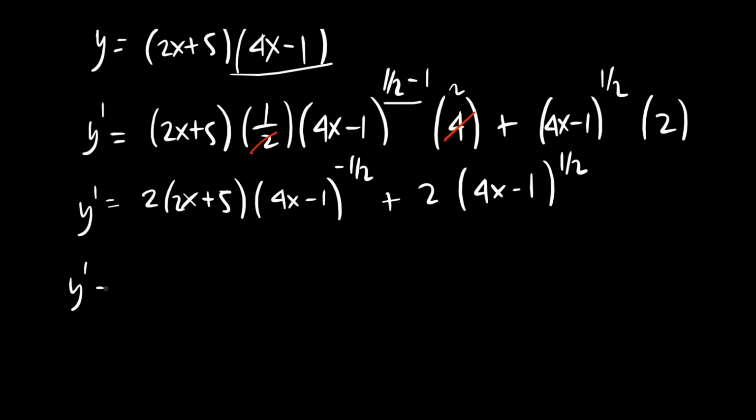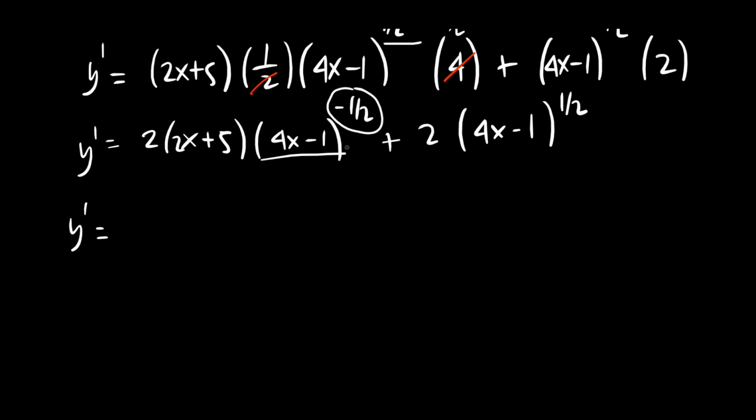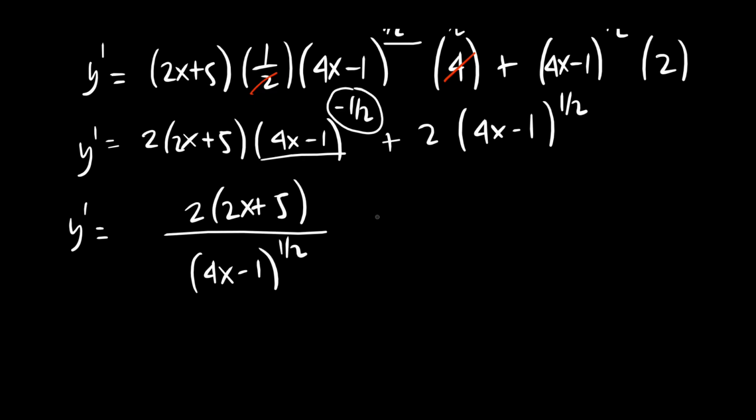After this, we'll simplify. So y prime is just equal to, this term having a negative exponent, we'll put this in the denominator. So we'll have 2 multiplied by 2x plus 5 all over 4x minus 1 raised to the power of 1 half, plus 2 multiplied by 4x minus 1 raised to the power of 1 half.